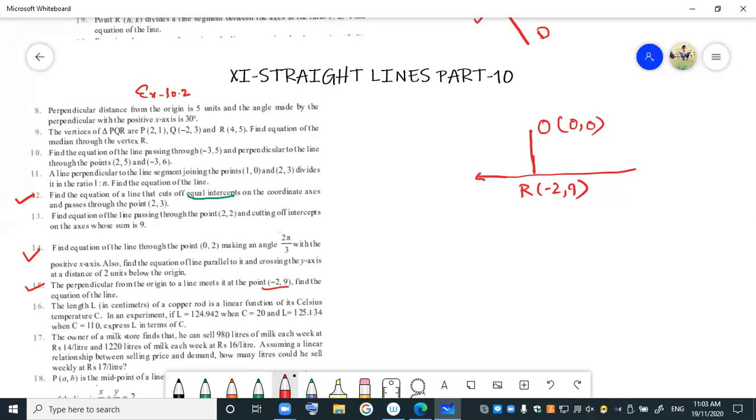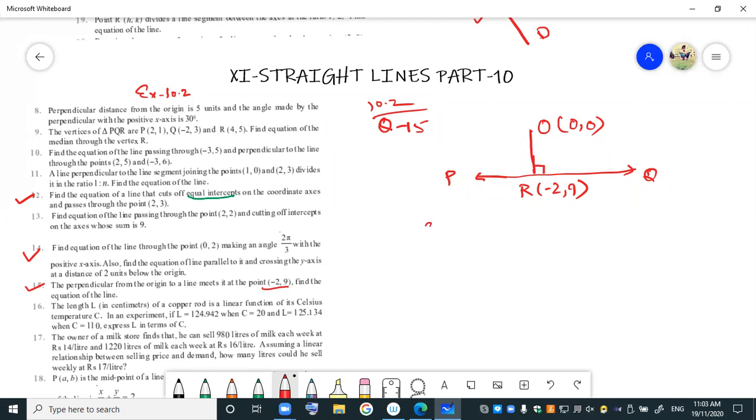PQ is a line here. This is P, this is Q. PQ is a line whose equation we have to find out. This is question number 15, exercise 10.2. To find the equation of the line PQ, and it is perpendicular. You know how to find the gradient when two lines are perpendicular.